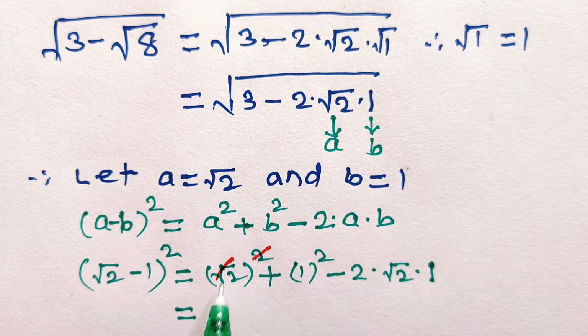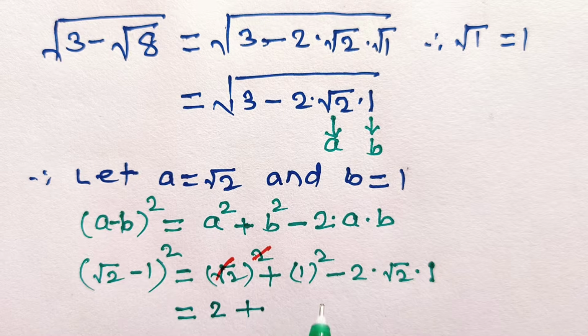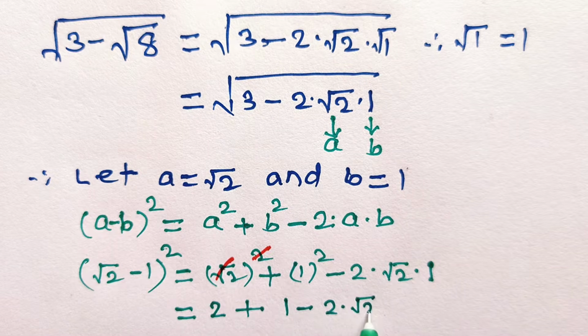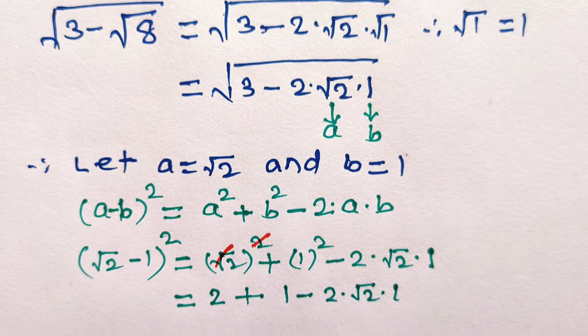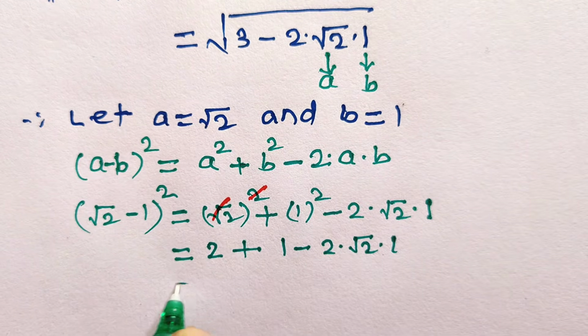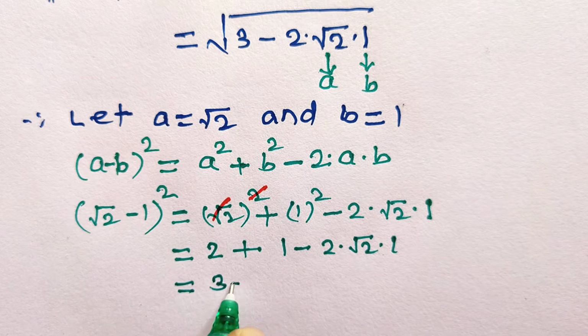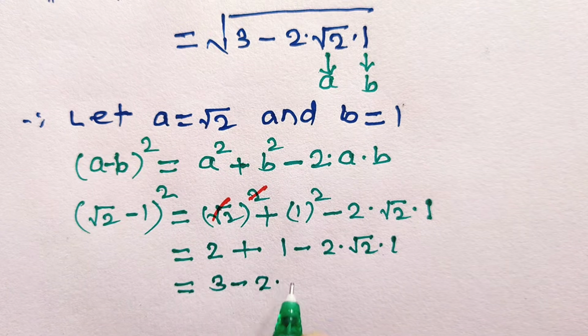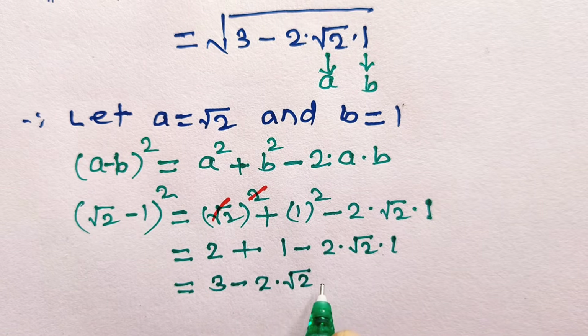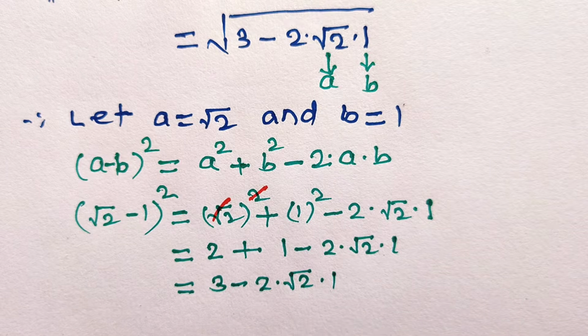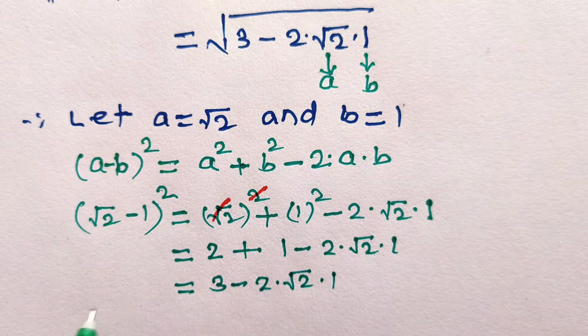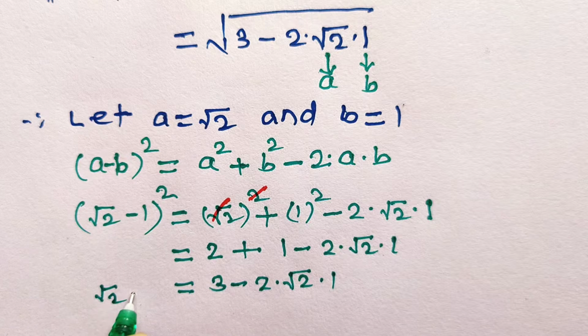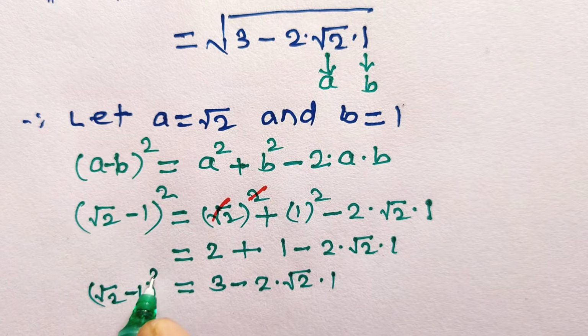Hence, (square root of 2) square can be written as 2, plus 1 square is 1, minus 2 into square root of 2 into 1. And this is equal to 3 minus 2 into root 2 into 1 or root 1, same. This is (square root of 2 minus 1) its square.